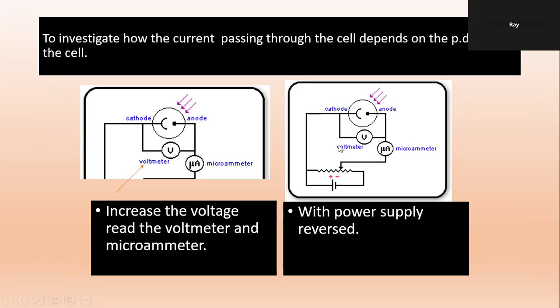But in this case, the power supply is reversed. The cathode is positive, the anode is negative, so the positively charged cathode attracts the emitted electrons back. So only the most energetic ones will reach the anode.